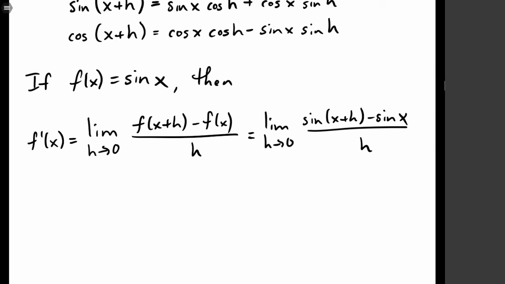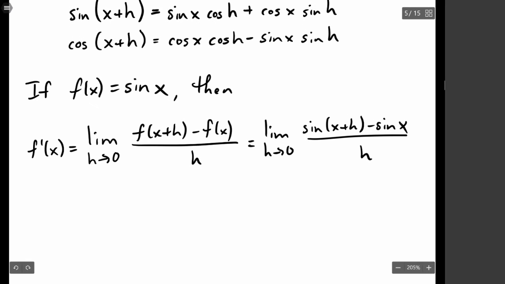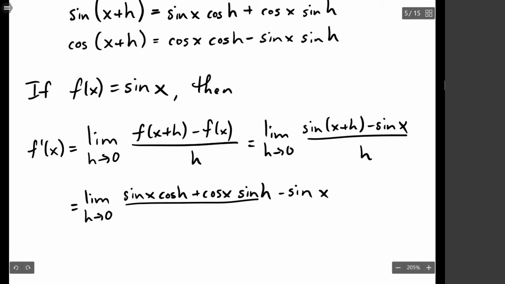Now we're going to break up sine of x plus h according to this formula up here. Limit as h goes to 0, sine of x cosine of h plus cosine of x sine of h minus sine of x, all this over h. Okay, so we got that.